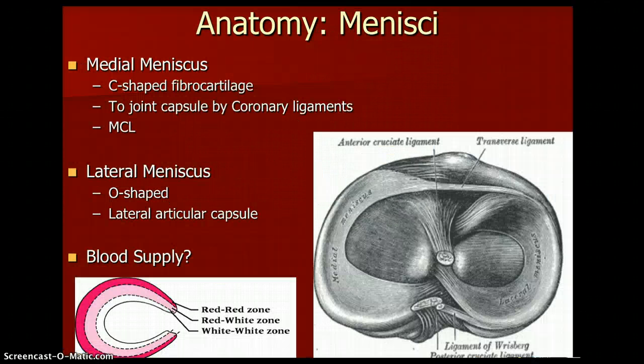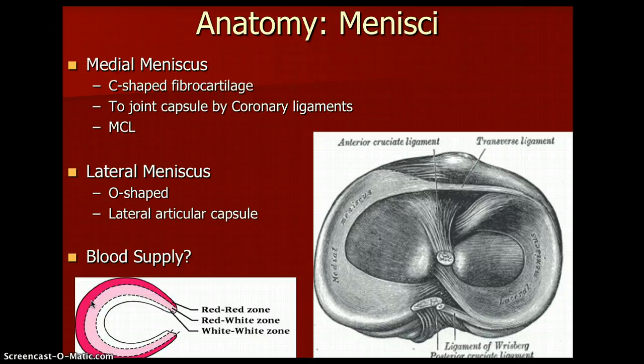Okay, so now we get to the meniscus. We'll look at the medial and lateral meniscus. The medial meniscus is more C-shaped, as you can see here, and the lateral meniscus is more O-shaped. As far as blood supply goes, as you can see in this diagram, the red zone, or the outer 1/3 of the meniscus, is going to be more vascular.